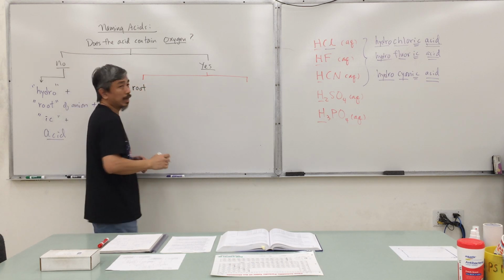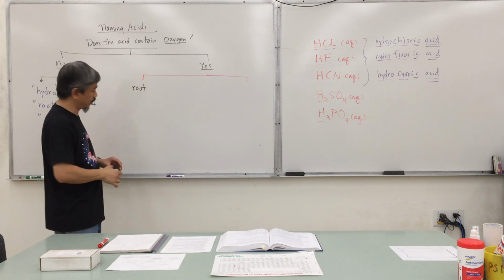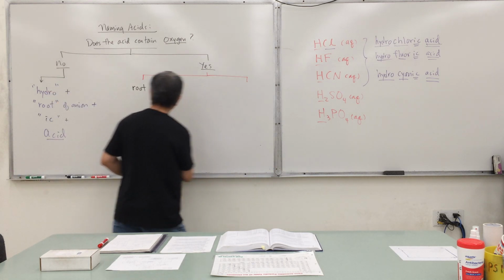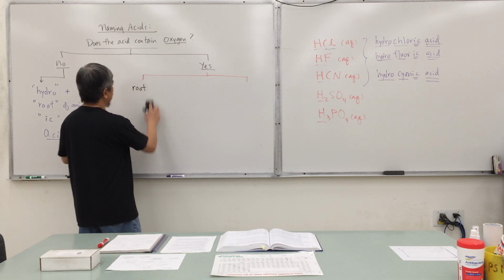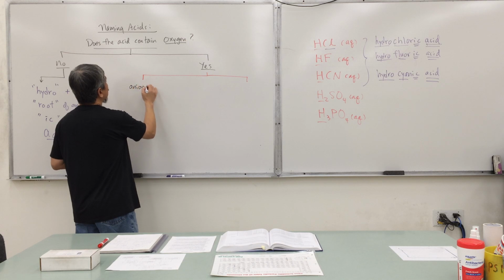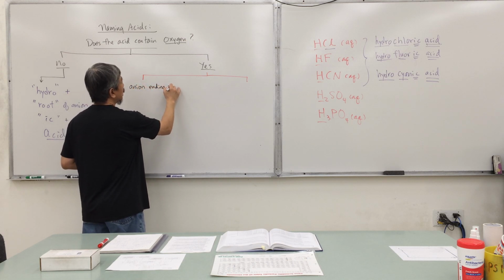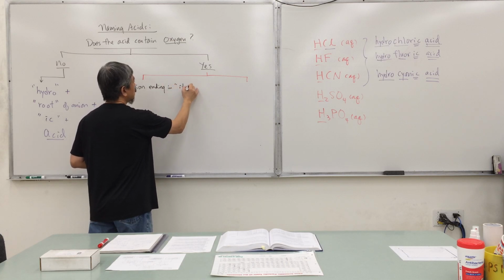In this case, the root depends on the anion itself. So let's take a look at the anion, if it's ending in ITE.